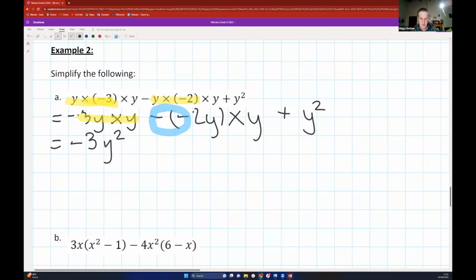Now, these terms are not adding yet. We can't add them yet because these terms are not like yet. But we're going to focus on this blue circle now, where we already answered. Negative times negative is going to give us a positive. And the 2 remains the same. There's nothing multiplying with the 2 that's going to change the 2. But let's look just outside of this bracket.